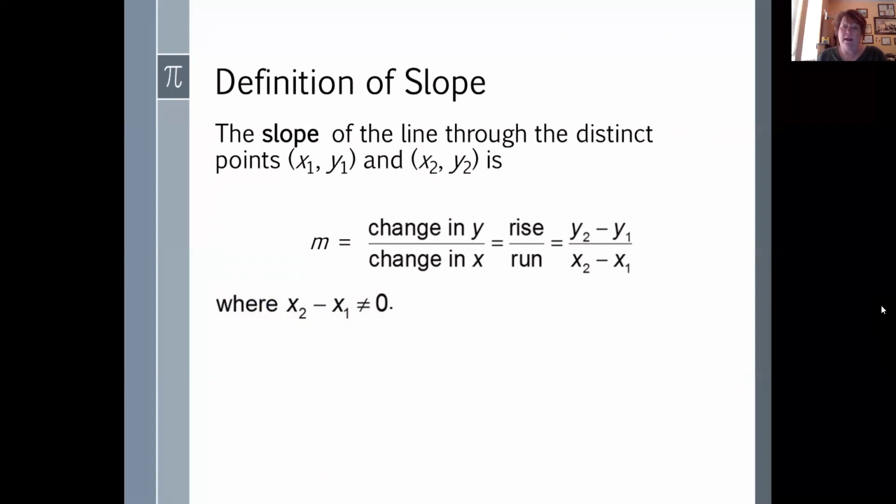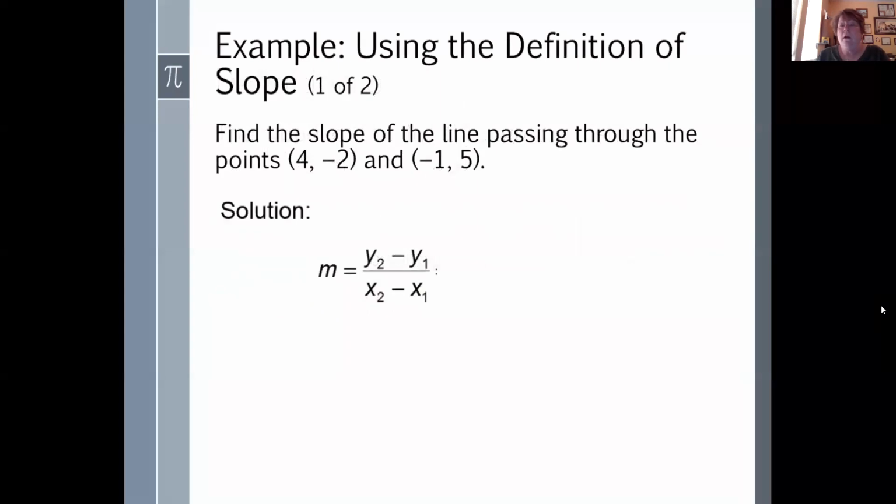So let's look at an example. Let's find the slope of the line passing through the points (4, -2) and (-1, 5). Now, what I typically do is I label each point as either (x₁, y₁) or (x₂, y₂).